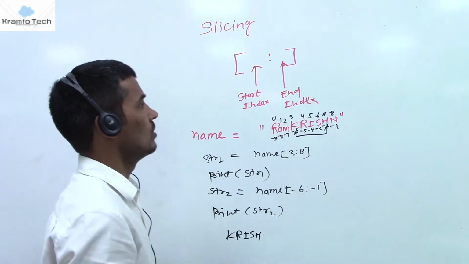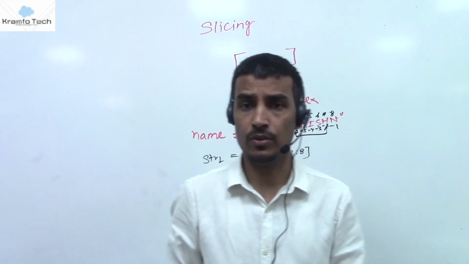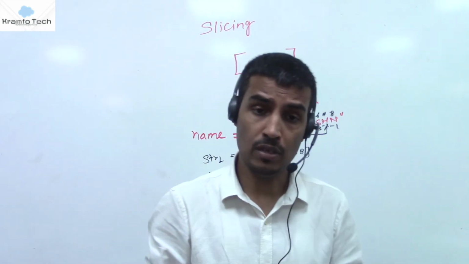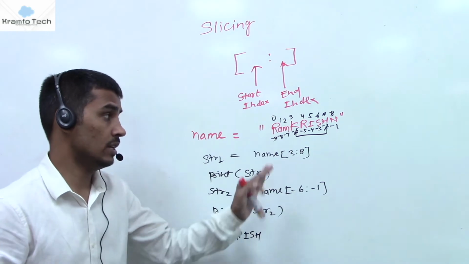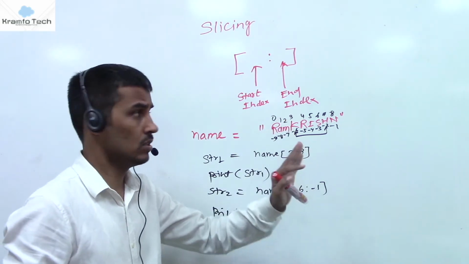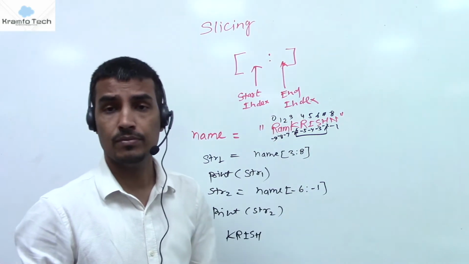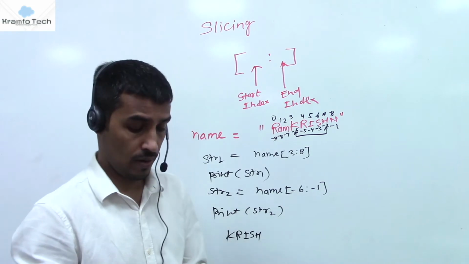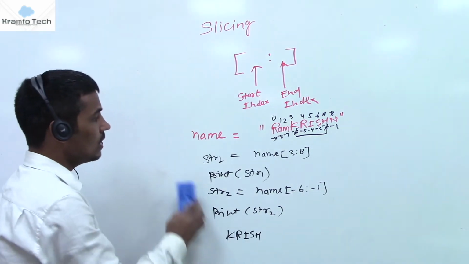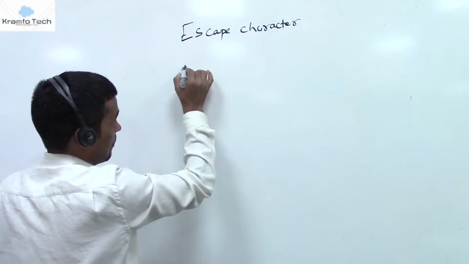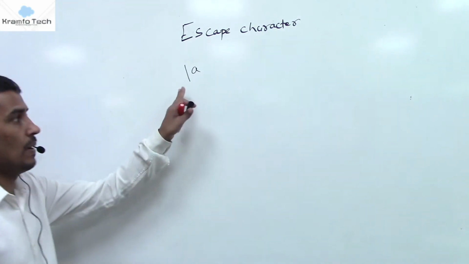These are the things you should focus on very well. Please don't get confused about the indexing. I think you understand it very well. Now let's move to the next topic, the backslash.